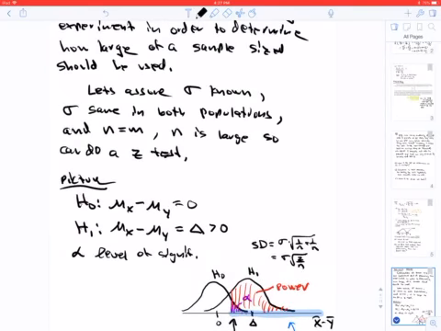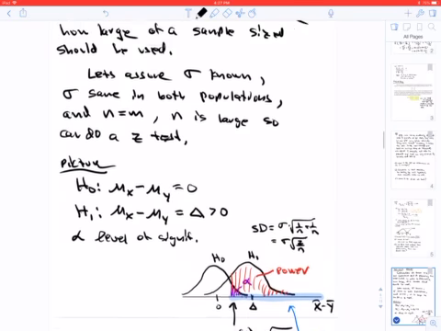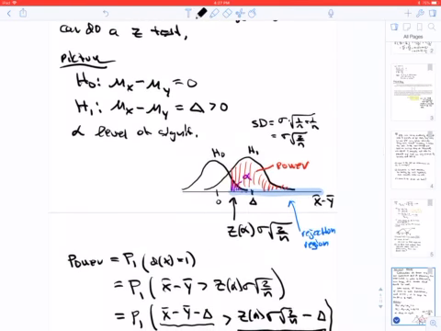We're assuming that we have a normal distribution, and n and m are the same size. n is large enough that we're going to do a z-test. The alternative here is that the difference of the means, which we'll call delta, is positive.